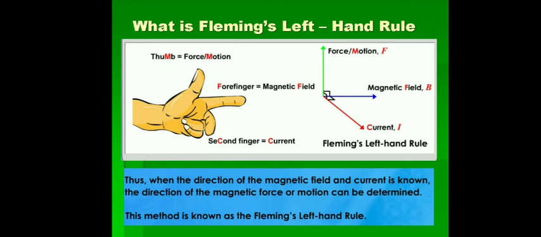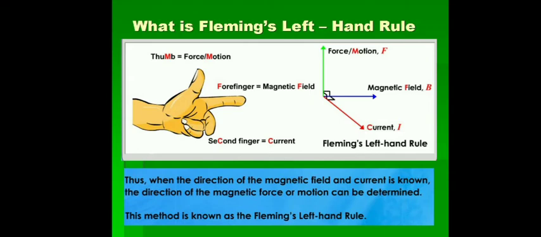Now, how to find the direction of the force experienced by the conductor? For this we use Fleming's left hand rule. Using Fleming's left hand rule, also called the motor rule, we can find the direction of the force experienced by the conductor. For this, stretch the first three fingers of the left hand, that is, thumb, first finger and central finger, in such a way that all three are mutually perpendicular to each other.